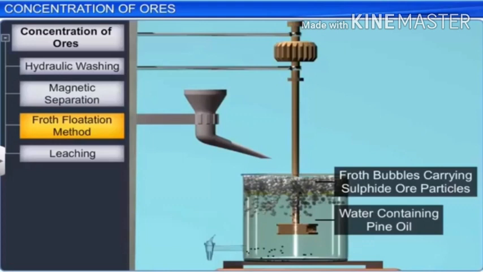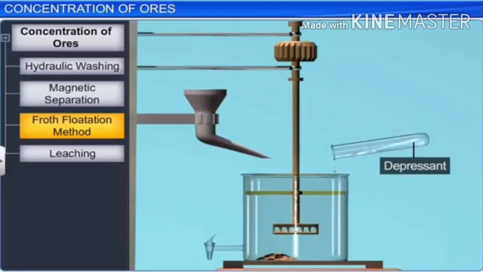The same process happens here. The froth bubbles will carry the sulfide ore, which we can dry and recover. This method we can even use for the separation of two sulfide ores. For the separation of two sulfide ores, we need to use a substance known as a depressant.